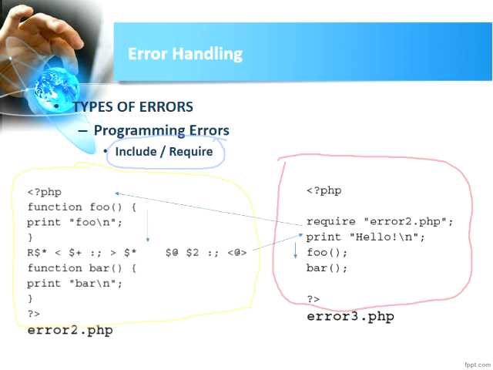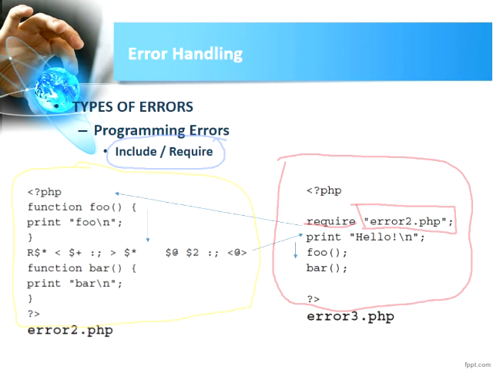Okay, so in this file we write require error2.php. That means we will use the file error2.php.